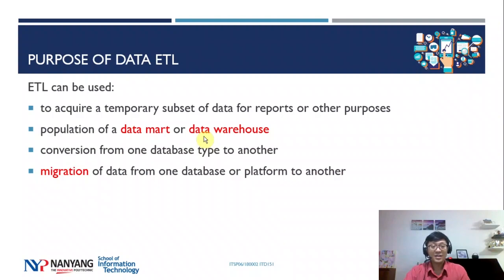We can also be talking about migrating the data from one database to another platform or another database. For example, from a MySQL database, you want to convert it to an Oracle database, or from a relational database to a flat database, or from a production or staging database to a live database, right?